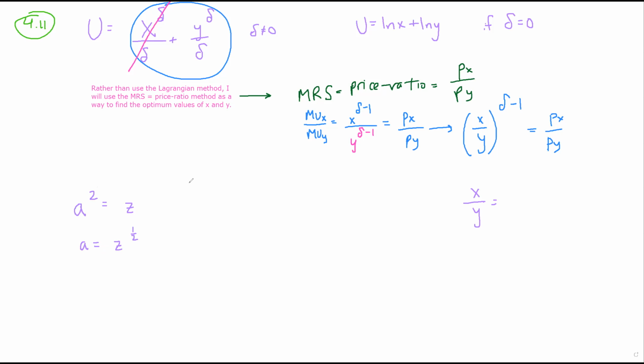In a similar fashion, if I had B to the 3rd equals W, I would get my hands on B by raising both sides to the 1/3, and I'd say B equals W to the 1/3. The same thing holds here: the power on X divided by Y is delta minus 1. So in order to get my hands on X divided by Y, I would raise both sides to the power of 1 over delta minus 1. Like this.